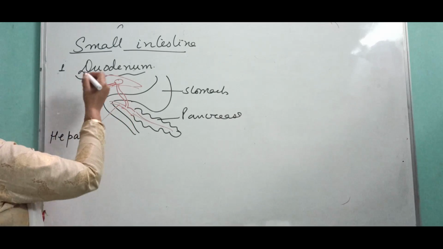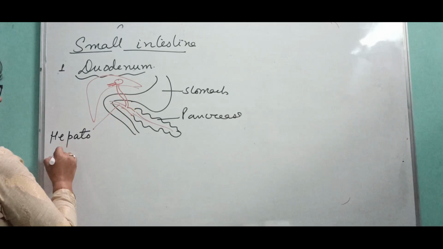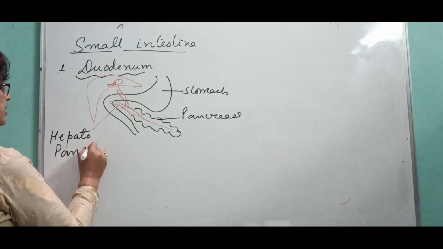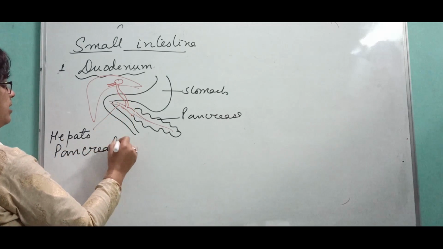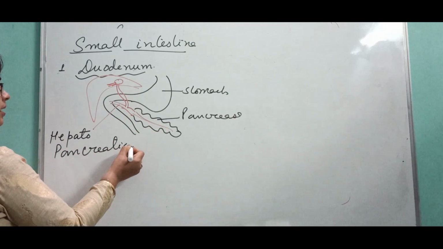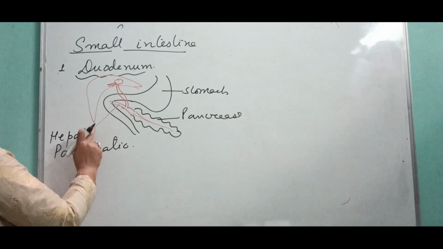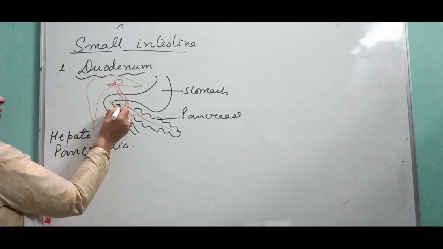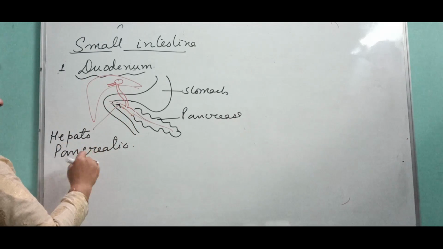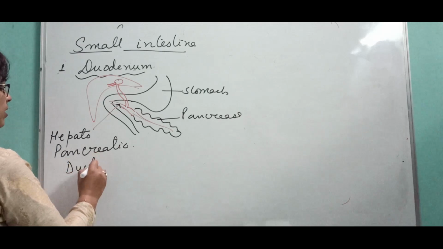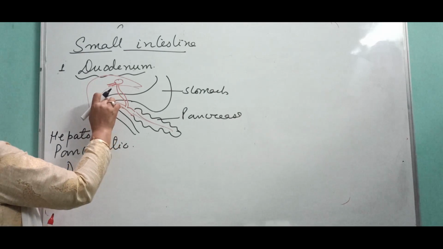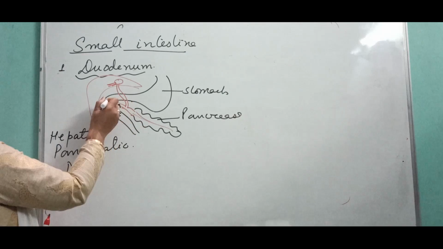Hepato, that means liver. Pancreatic, means this one. That means the duct from the pancreas and the duct from the liver ultimately unite to make the hepatopancreatic duct. And from here, from this duct, a fluid is poured into the duodenum.